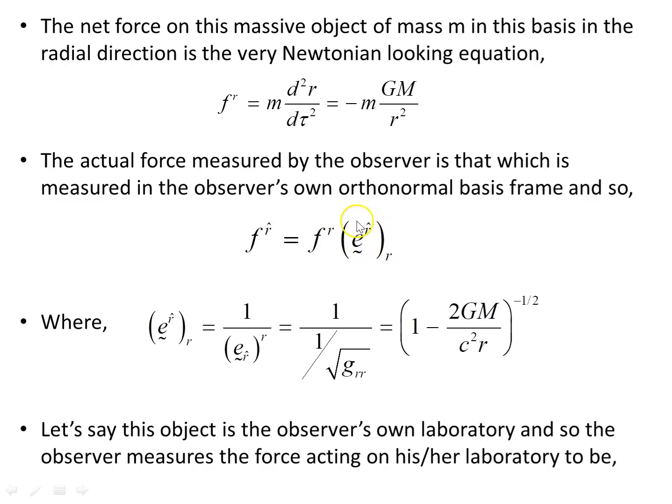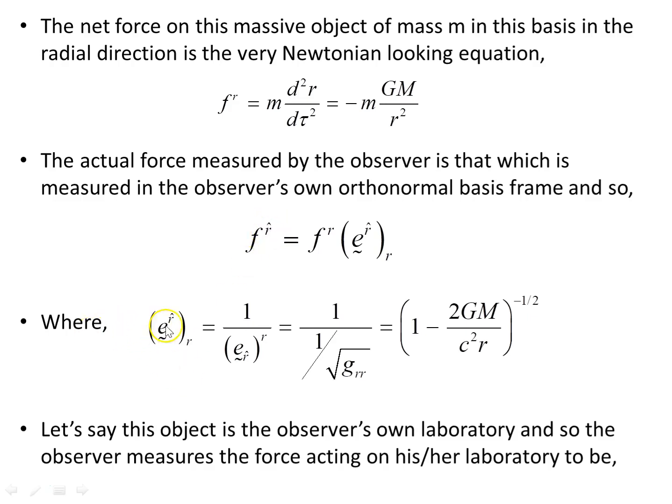So we need to multiply by this component to transform this into what would be measured by the observer inside the laboratory. So if the observer has their own little force meter, or has their own motor, for instance, and needs to provide a thrust force, how much would it be? Well, what the observer in that laboratory will actually measure is not Fr, but Fr hat. They need Fr hat because that's what they actually measure.